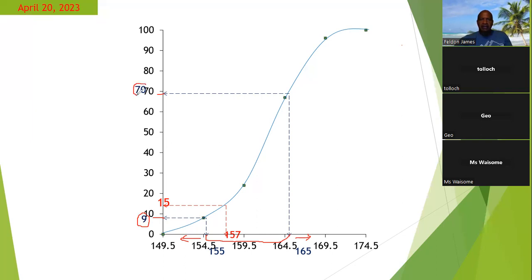So if you subtract 9 from 70, the number of men that you would have would be between here. And these are the number of men with heights between 155 and 165. So 70 minus 9, the number of men would be approximately 61.